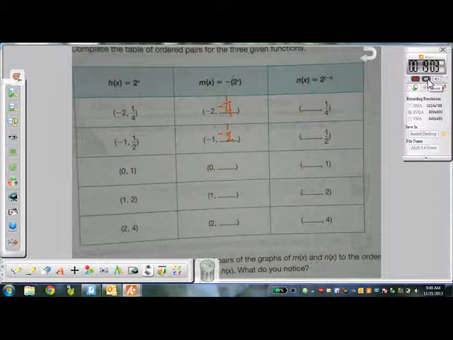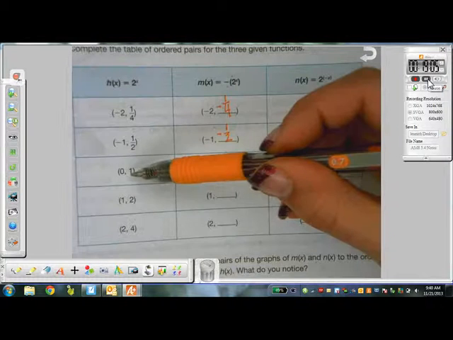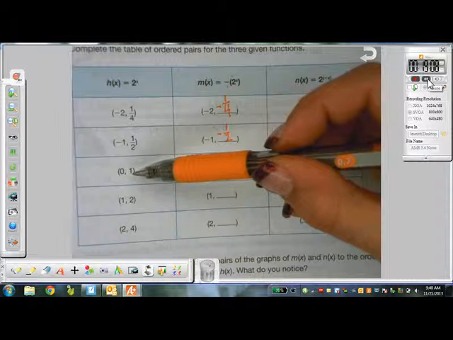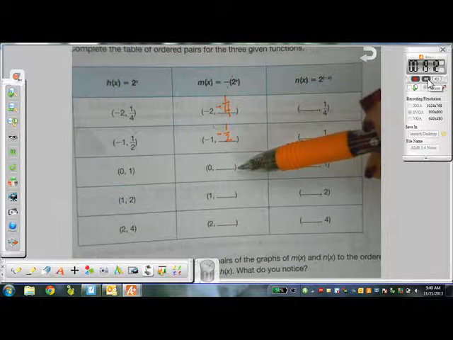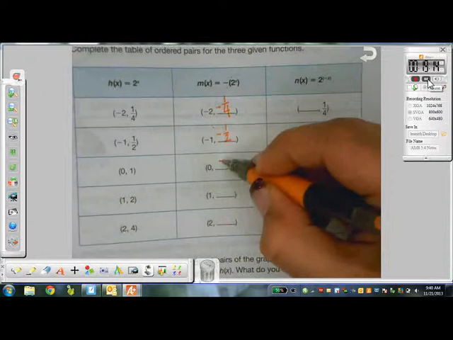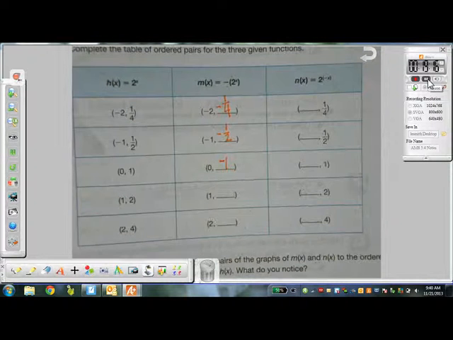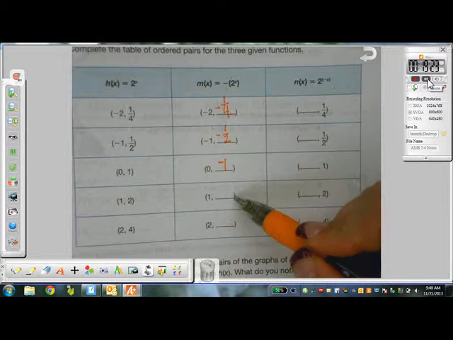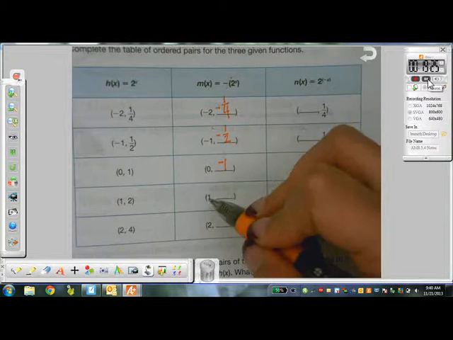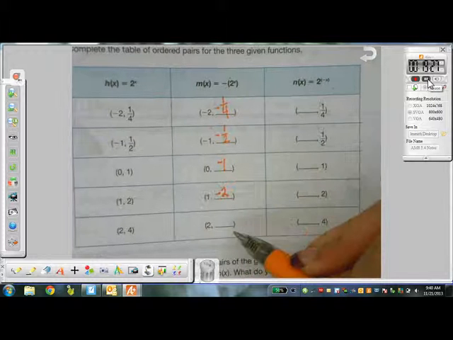My y-intercept of the basic function was 0, 1, but of the m of x function, my y-intercept was 0, negative 1. So for m of x, when x equals 1, what did my y come out to? Negative 2. And when x is 2, y is? Negative 4.